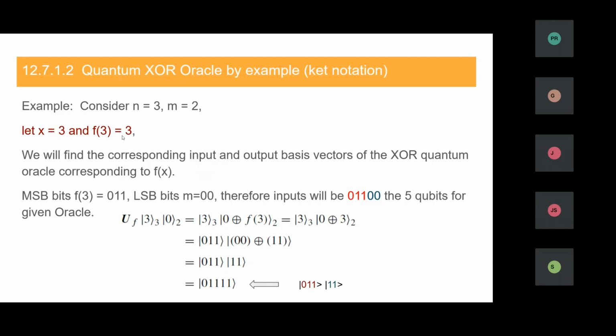That is what I know, because remember, from an oracle I do not know how it is built, but I know the outcome for a given input, right? So I know the behavior. Using that, I plug that in here. So this becomes 0 exclusive or with 3. If you convert them into binary form, 0 is 0, 0, 3 becomes 1, 1. Do a bit by bit exclusive or, and you get 1, 1.